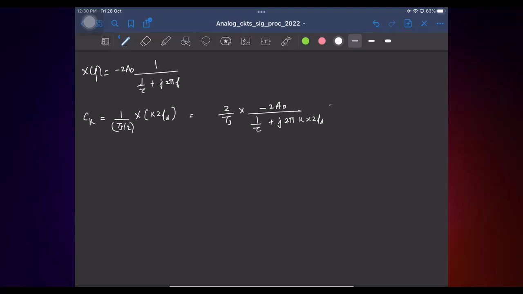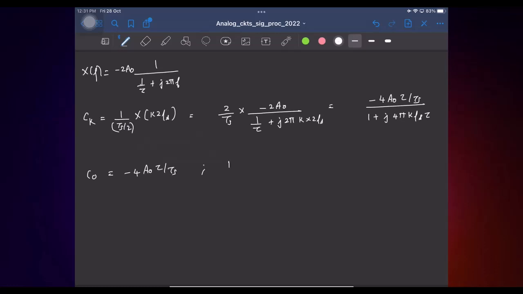Fine? So this simplifies to minus 4A naught tau by Ts plus j 4 pi K fs tau. Okay. So now from this, what is C0? Minus 4A naught tau by Ts.